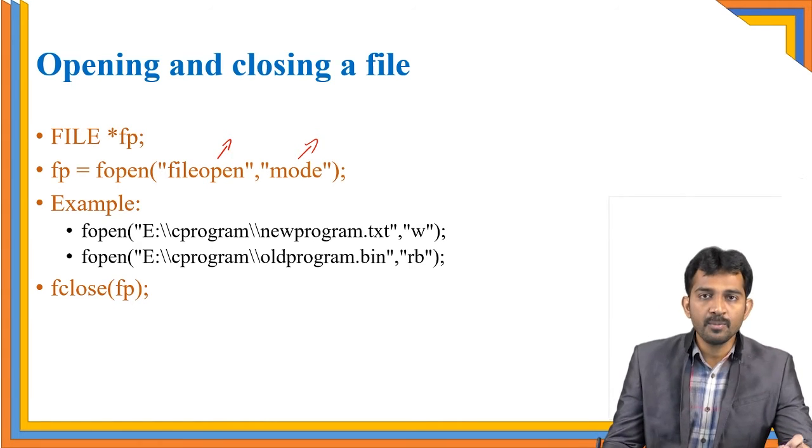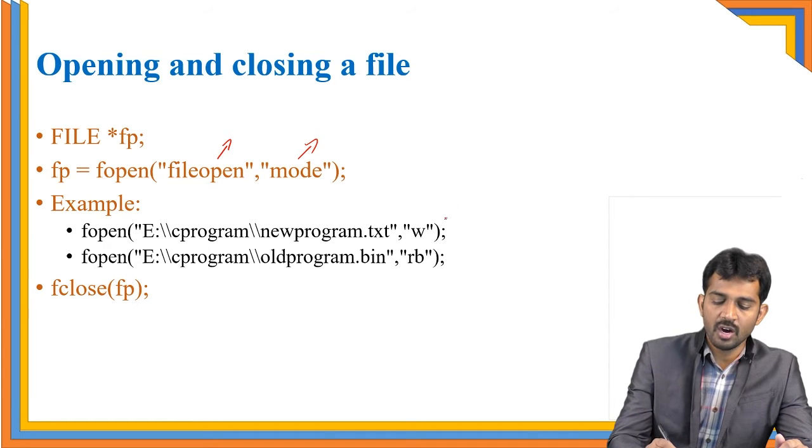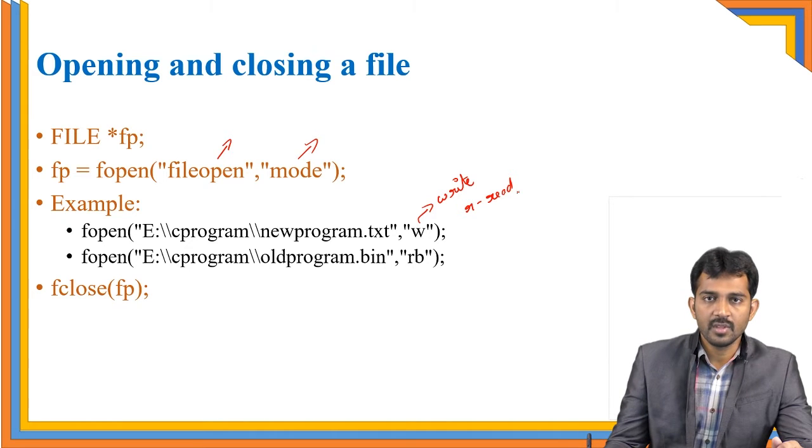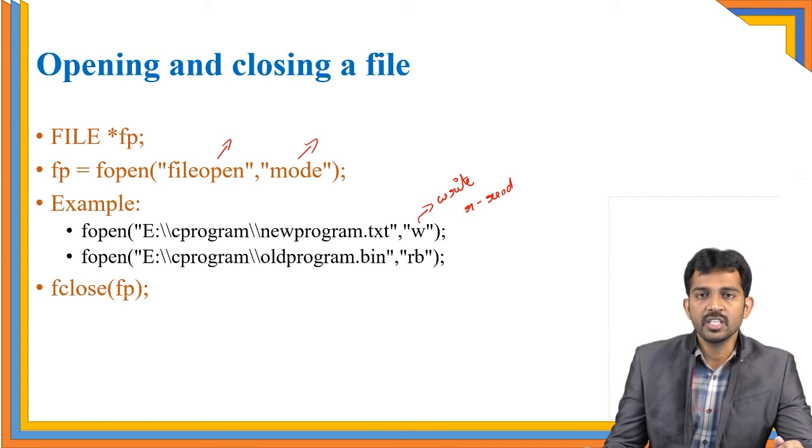For example, if you want to open a file in read mode or write mode, W means it is a write mode. If you refer R, it means it is a read mode. We'll see one by one. This is the way you are going to open a file. What is the difference between read and write? And append is also available.